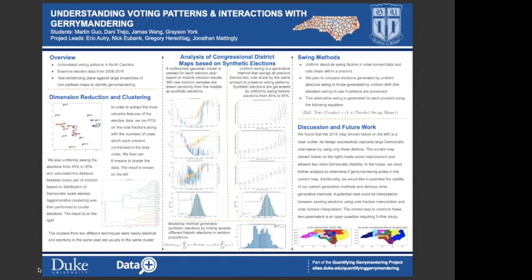So in this project we try to explore what if the Democratic Party wins more votes, then how many representative seats can they win. What if we change the map slightly? What will the result be? And what if we generate a new election? Then how does the result look?